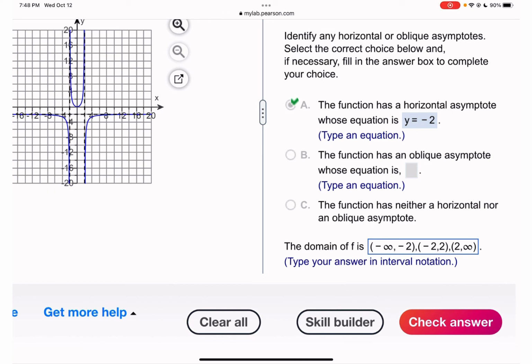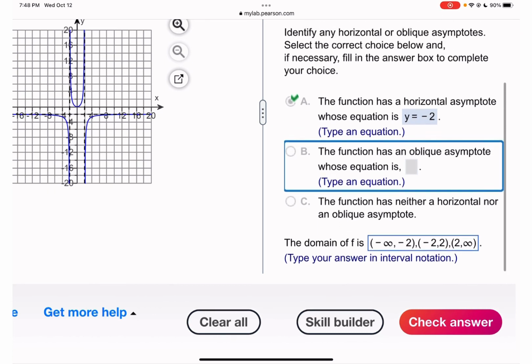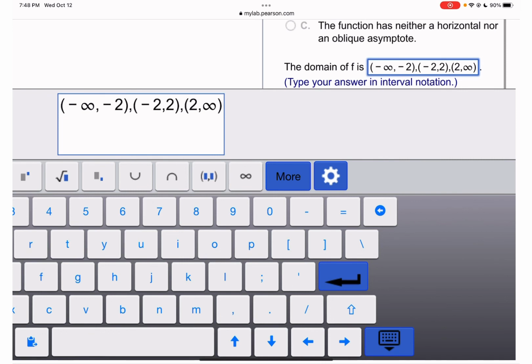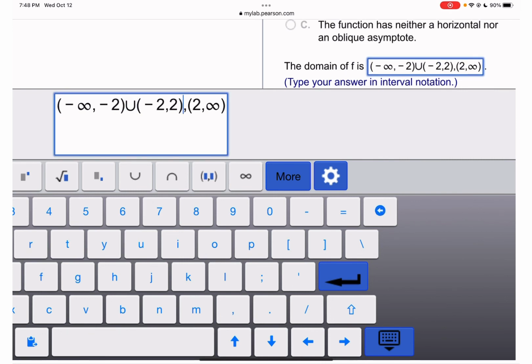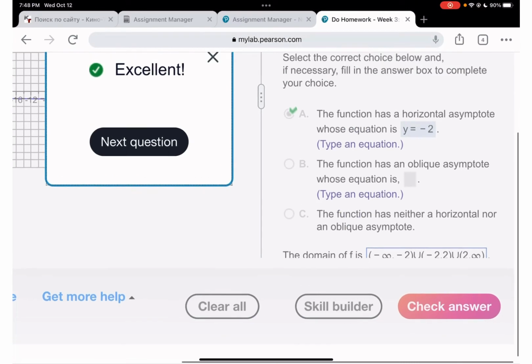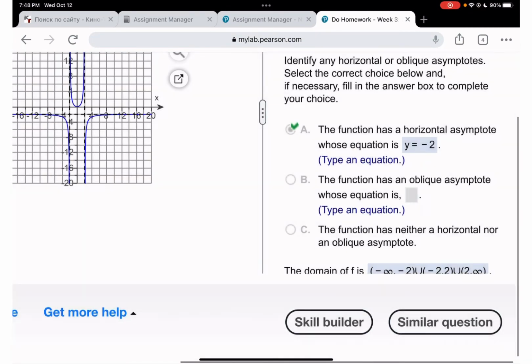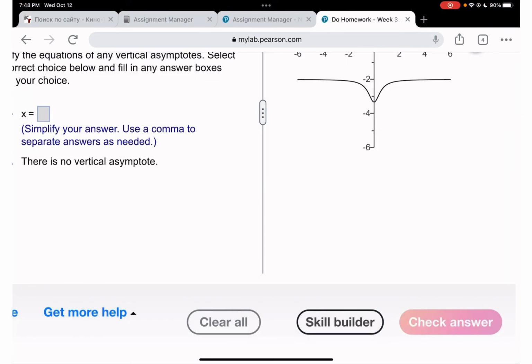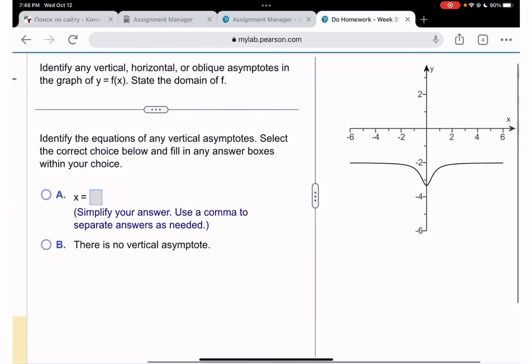Oh, I put a comma instead of a union sign. Okay, this is what was wrong. Fantastic.